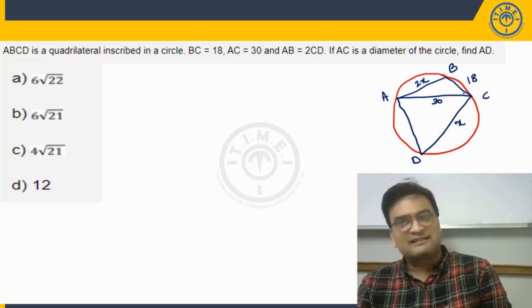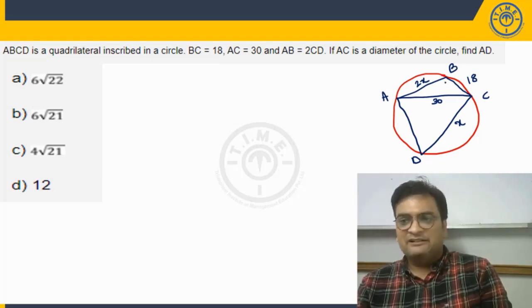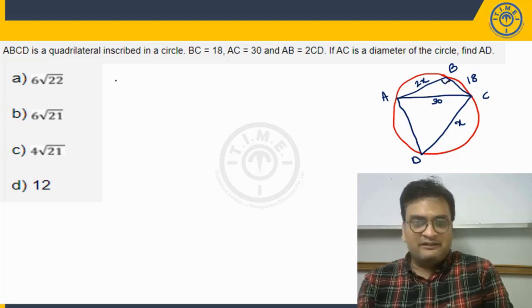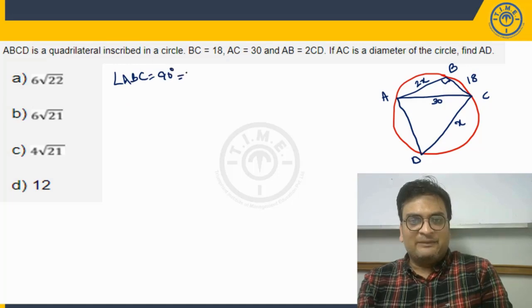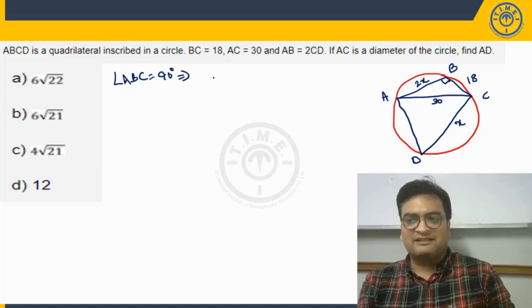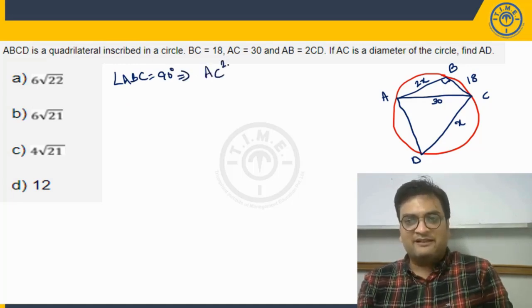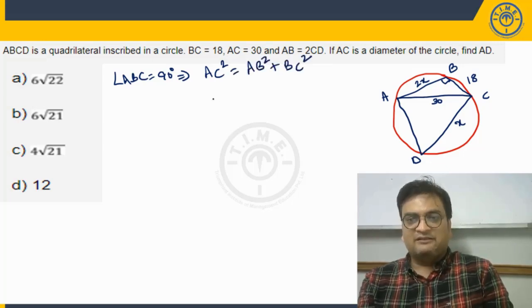Since AC is the diameter here, can I say this angle ABC is going to be 90 degrees. The moment it is 90 degrees, we can apply the Pythagoras theorem. That would mean AC square will be equal to AB square plus BC square. AC square is 30 square.